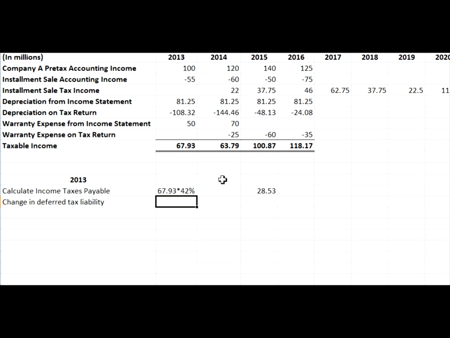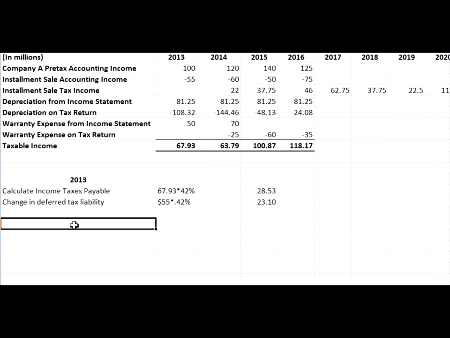Okay, so we took that out. So that is the change. So we're going to take that 55 and multiply it by the tax rate. Okay, and we'll do that here. Okay, so there is our deferred tax liability for 2013.